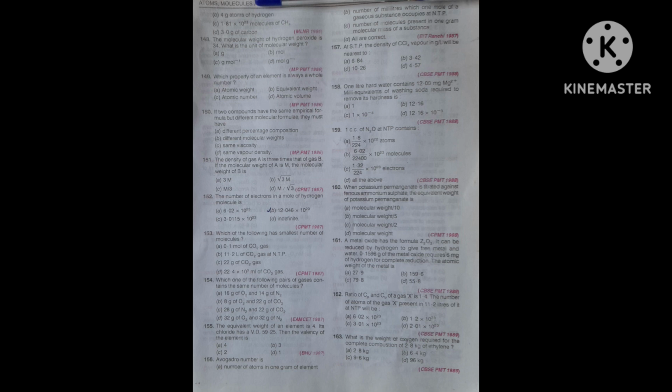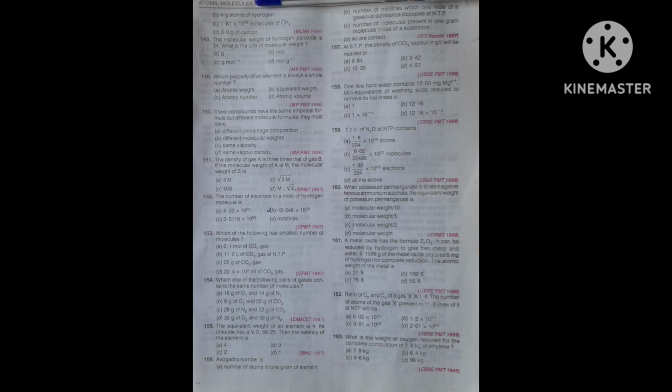Hence, it's a correct option. If you calculate for all, you will find that you get the same result in all cases. Hence, the last option, all the above, is correct. You have to calculate for 1 cc: 22,400 cc means Avogadro number, 6.02 into 10 to the power 23.